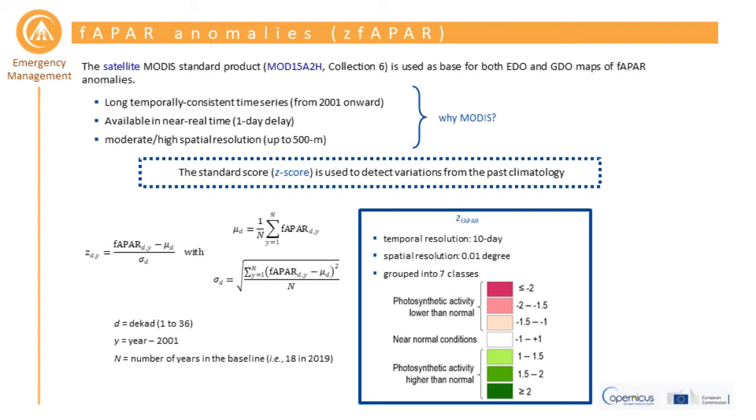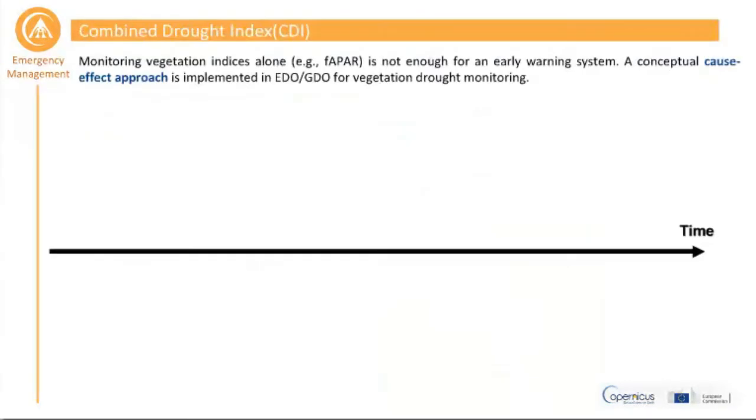Of course, the problem of using a greenness indicator in drought analysis is the fact that not all the reductions in greenness are related to drought. There can be other factors that contribute to reduction in greenness. A real simple case can be a forest fire event, which clearly reduces the greenness of vegetation, but is not necessarily related to a drought.